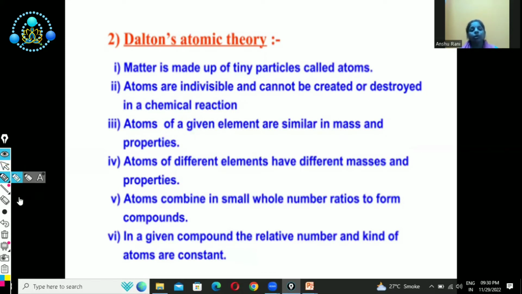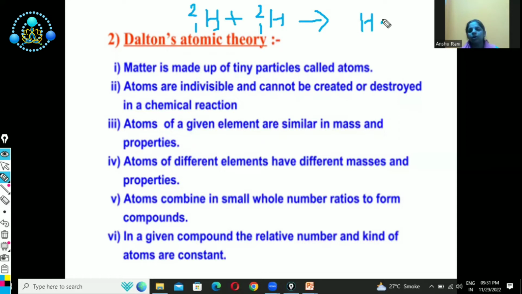But when we look into the case of nuclear reactions, suppose nuclear fusion. In nuclear fusion, you have two atoms of deuterium. They combine to form one atom of helium.